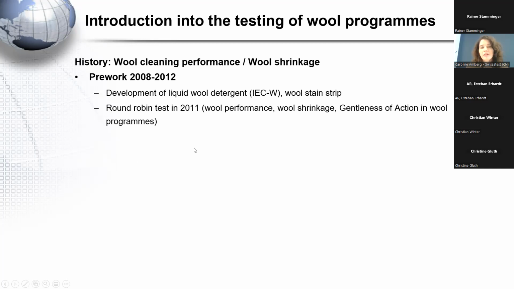And also a wool stain strip was developed. And in 2011, a round-robin test was performed, testing wool performance, wool shrinkage, and gentleness of action in wool programs. So it's quite a while since this was done, but as you can see, there was some pre-work done. And the method, the protocol is based on this pre-work.